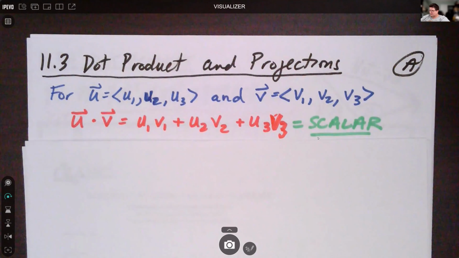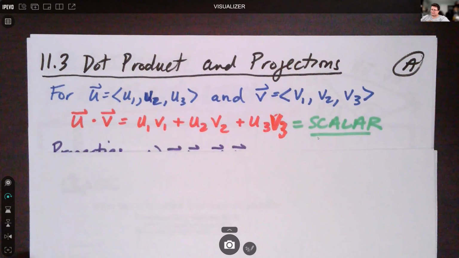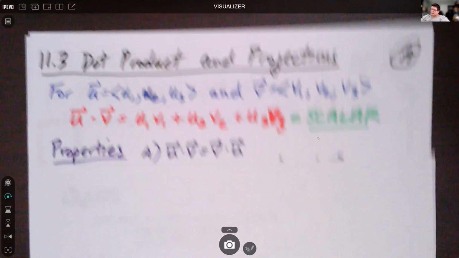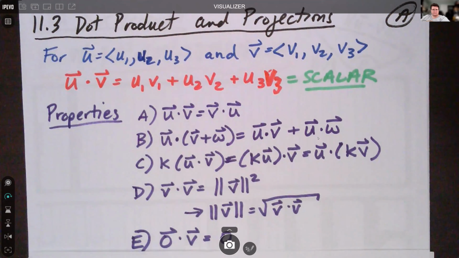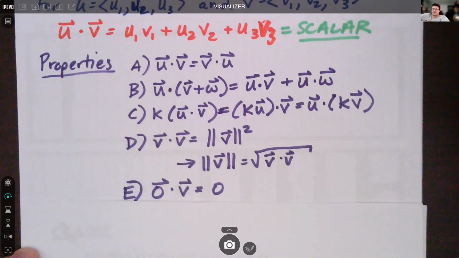We'll see what that means geometrically in a little bit, not graphically. Some properties of the dot product. It is commutative. If you switch the order of u and v and multiply them together, you can go through all these steps and practice them out, see what it looks like. So u dot v is the same as v dot u.